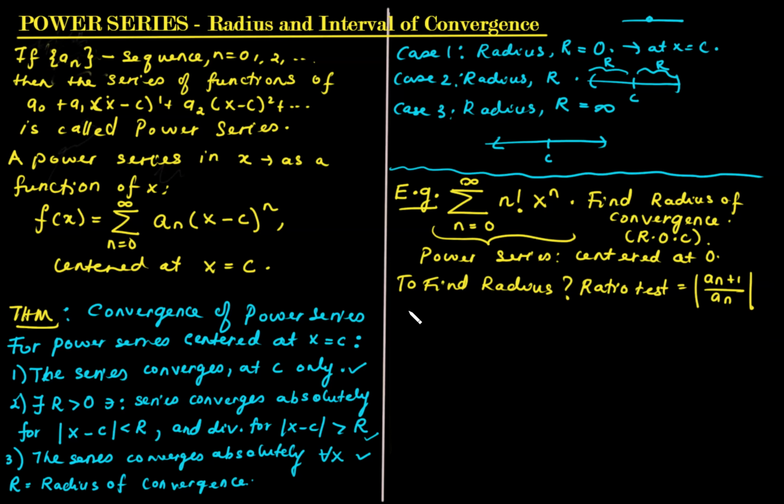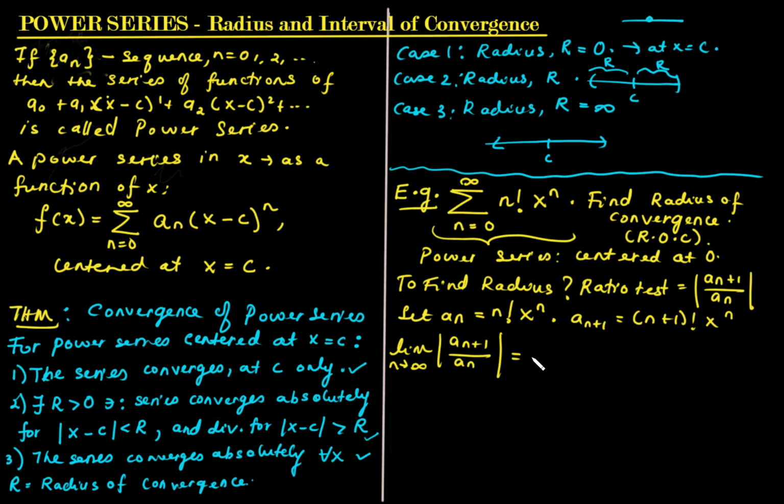So here I'm going to let a sub n be equal to n factorial times x to the n. So what is a sub n plus 1? Quickly, a sub n plus 1 is n plus 1 factorial times x to the n plus 1. Now I need to find the limit as n approaches infinity of the absolute value of a sub n plus 1 over a sub n.